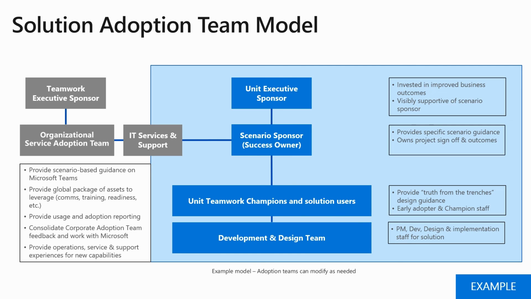All of these people are still supported by an organizational service adoption team, but in this case, that may be one or two people. It may not be very large, and it depends upon the size of your organization.